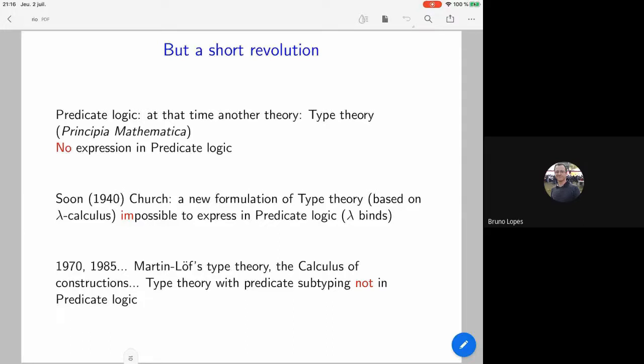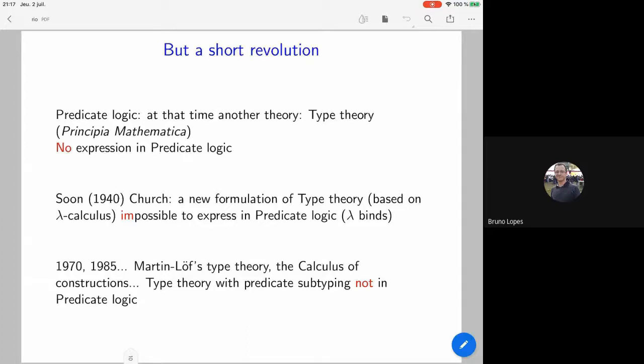And soon after, other formulations of type theory, for instance, Church's formulation of type theory, which is based on lambda calculus, were impossible to express in predicate logic. So why are they impossible to express in predicate logic? Because in the language of Church's type theory, you have a symbol, the lambda abstraction, that binds a variable, and there is no way in predicate logic to define a function symbol that binds a variable.